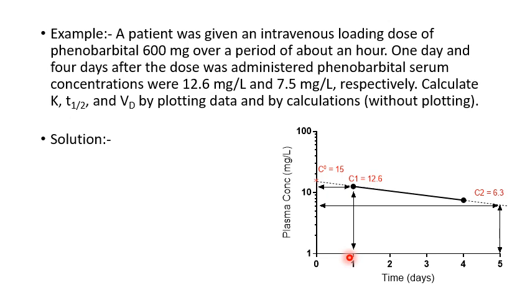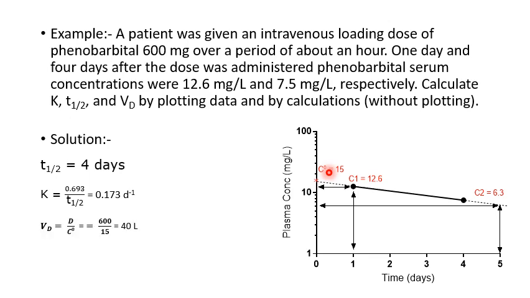We can just simply calculate the elimination rate constant based on these calculations. Also, to calculate the plasma concentration at time 0, we extrapolate this line to intercept with the y-axis. Here, according to this, the intercept with the y-axis gives a value of 15 milligram per liter.